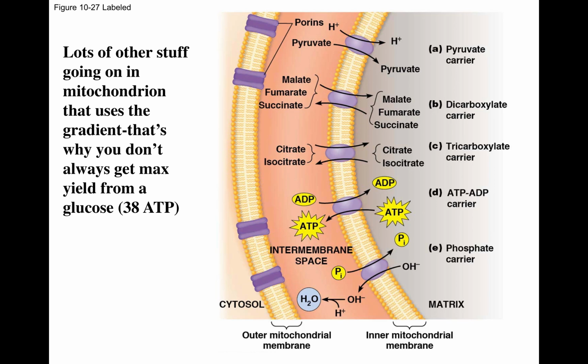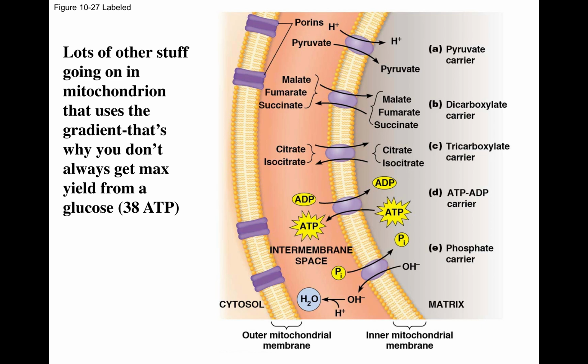Okay, there are other things that mitochondria do besides make ATP, and those things take advantage of the gradient that is created between the intermembrane space and the matrix.